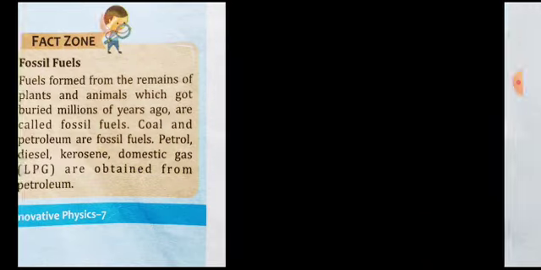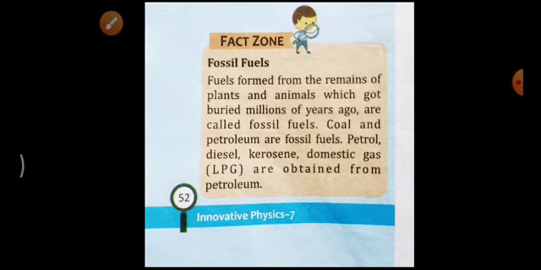Then one more thing is given, in the fact zone, about fossil fuels. We all know that coal and petroleum are fossil fuels. Petrol, diesel, kerosene, and domestic gas like LPG, liquefied petroleum gas, are obtained from petroleum. Do you know how these fossil fuels are produced?